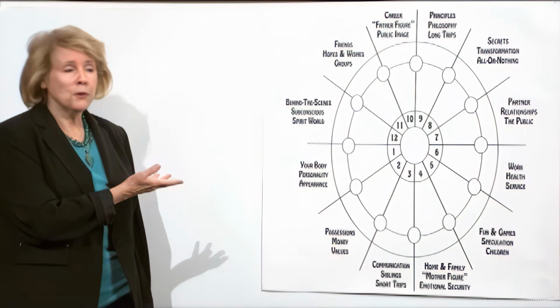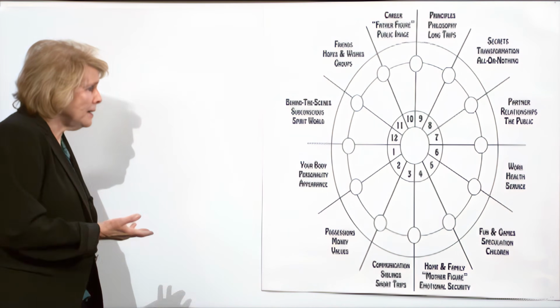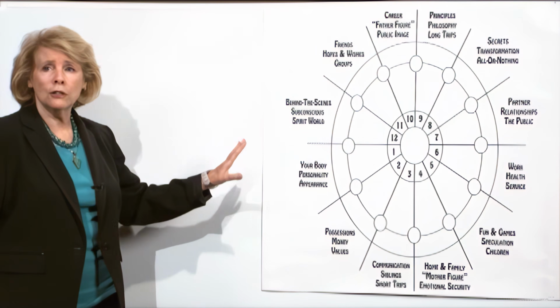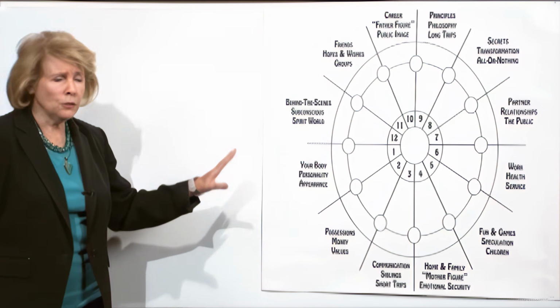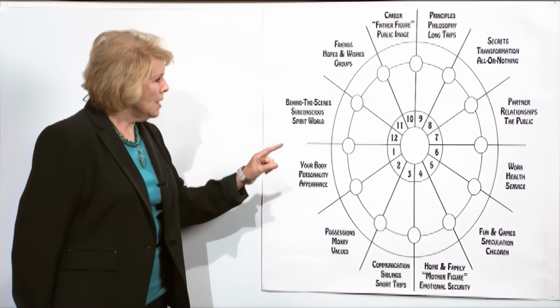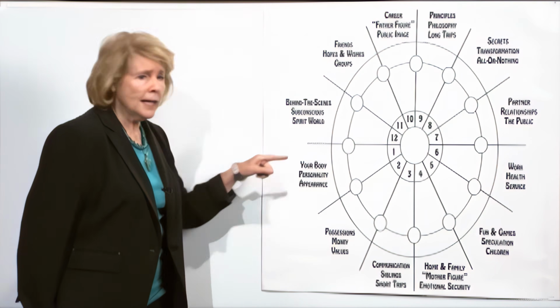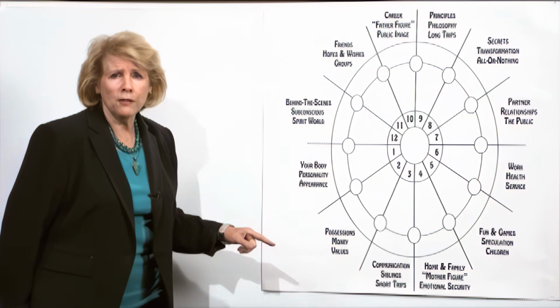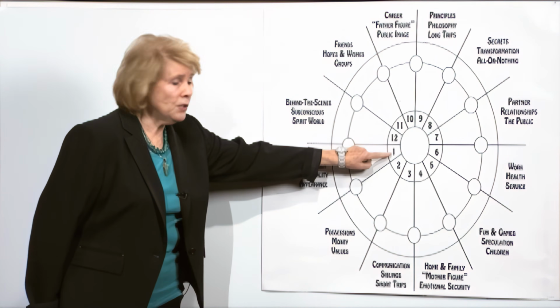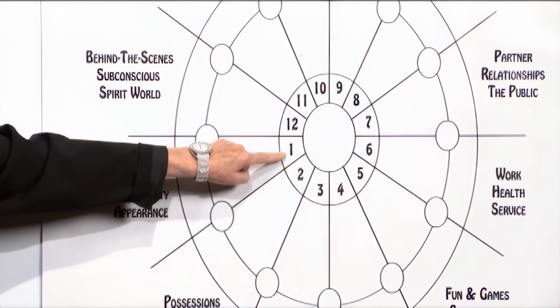Now, as you can see right over here, we have a wonderful zodiac that describes what a blank chart looks like. So let me tell you exactly what you're looking at. As you notice, the chart is divided like a pie into 12 pieces. We know it's 12 because we start here at house number 1.